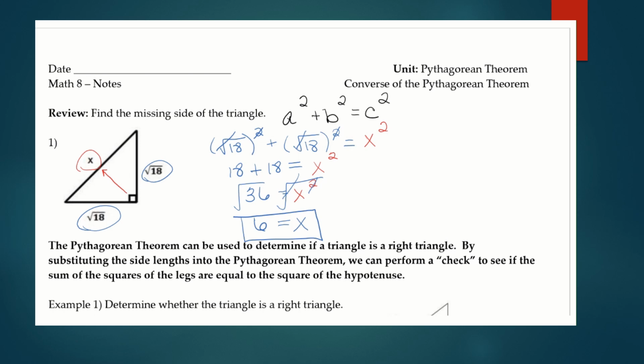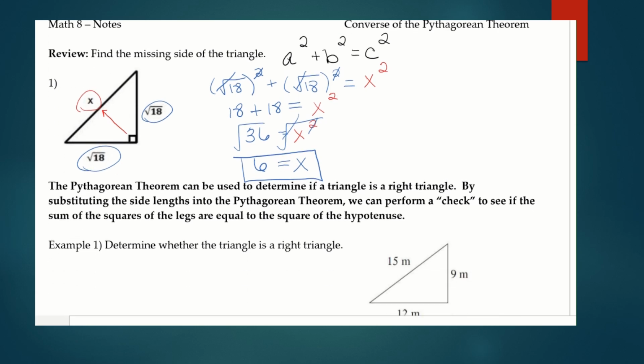So we're just switching it up here. So instead of knowing right off the bat that we have a right triangle, we're going to determine, based on these side lengths that we're given, if the triangle with those particular side lengths makes a right triangle. So here we go.